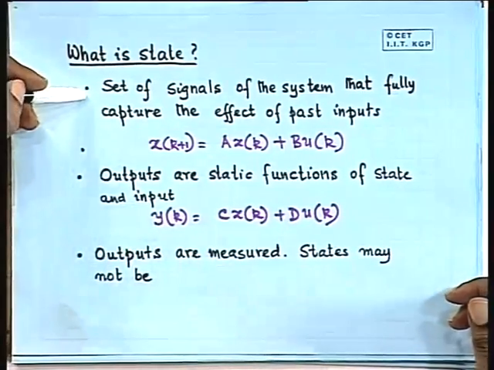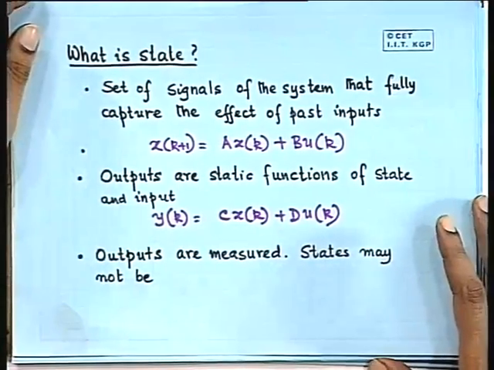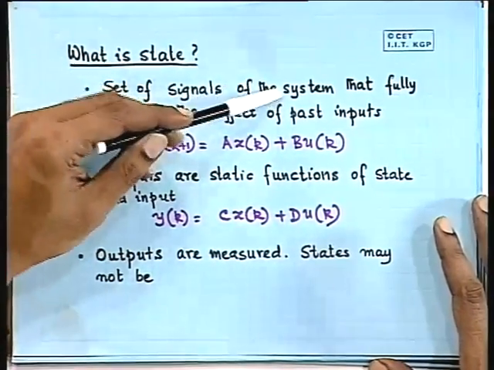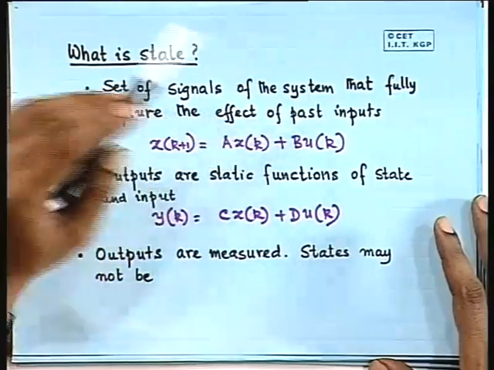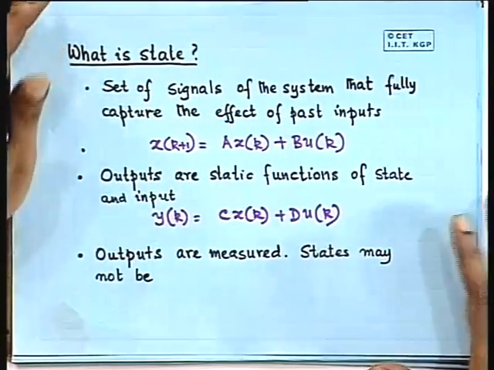As we all know, the state is the set of signals of the system that fully captures the effect of past inputs. Why is this so important? Because when we try to characterize systems, we always look for finite descriptions, something which can be described using a finite number of quantities.